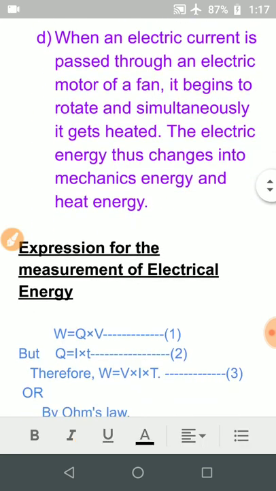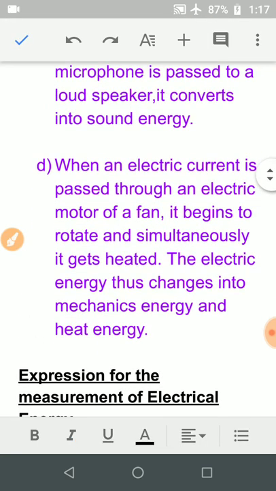Then move to the next example: when an electric current is passed through an electric motor, for example a fan, it begins to rotate. If it begins to rotate, it shows that there is production of mechanical energy, and simultaneously it gets heated.